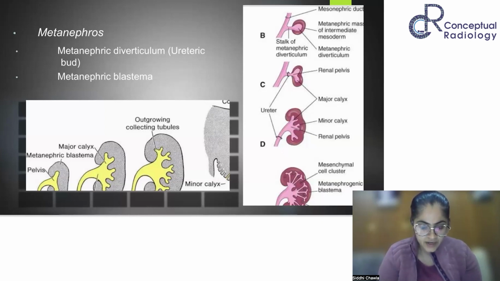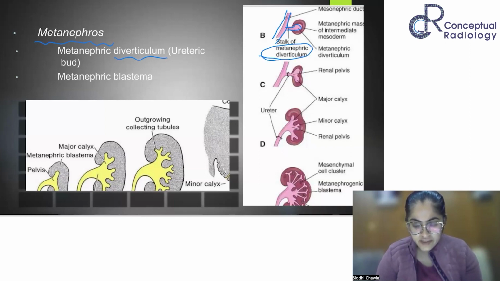The metanephros is responsible for the metanephric diverticulum forming. This is the mesonephric duct, and there is a stalk called the metanephric diverticulum. This metanephric diverticulum, which arises from the mesonephric duct, invades the metanephric mass of the intermediate mesoderm.